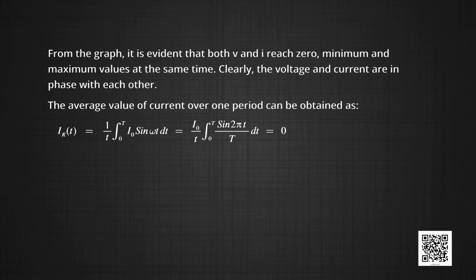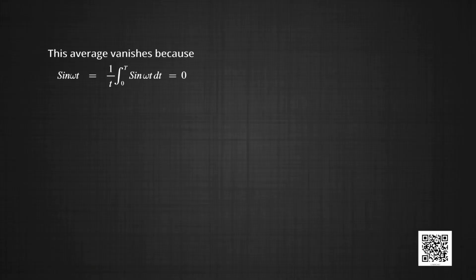That is because omega is equal to 2 pi by T, and f is equal to 1 by T. So, this average value vanishes because for a complete cycle the integral of sin omega t dt from 0 to T is equal to 0.